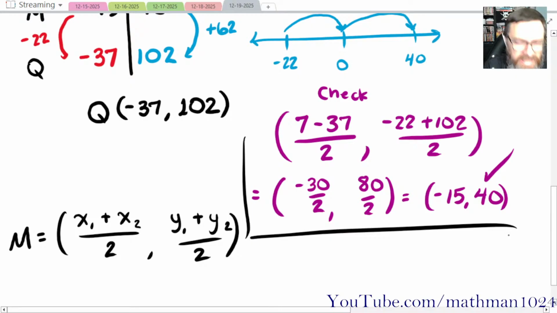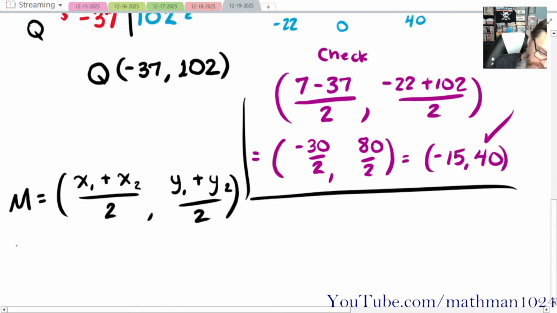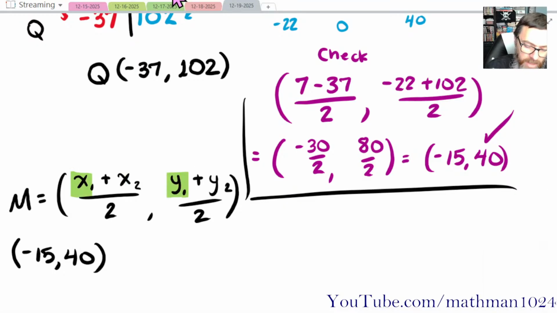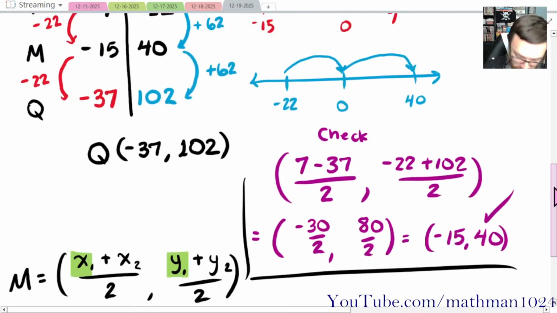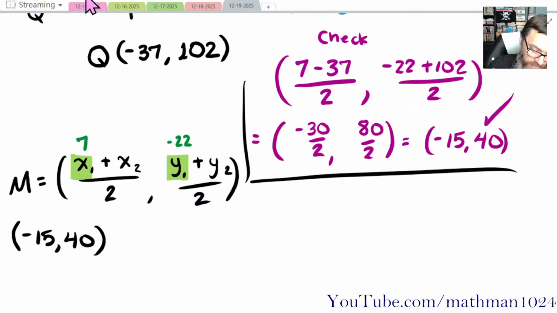So in this example, we know our midpoint. Our midpoint was given to us as negative 15, positive 40. And we knew our x1 and our y1, because these were given to us as 7 and negative 22.